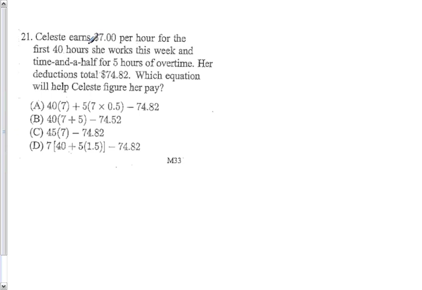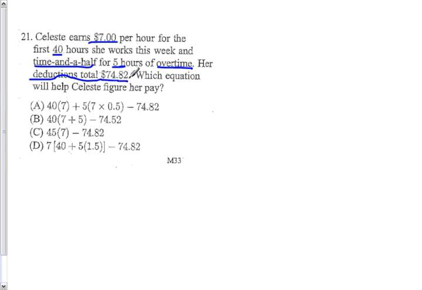Celeste earns $7 an hour, and for the first 40 hours that she works in a week, she gets time and a half for 5 hours here, and those 5 hours are overtime. And her deductions are $74.82.